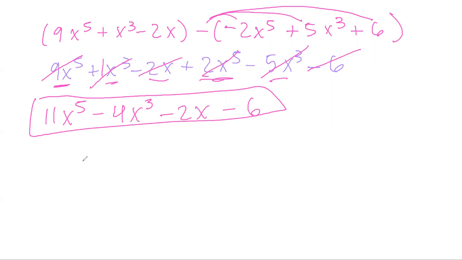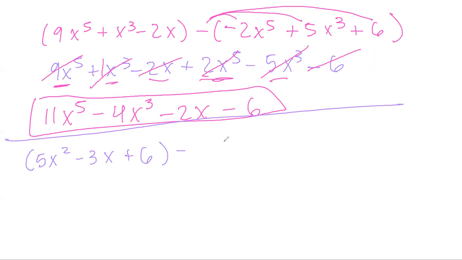Okay, and I think I just have 2 more, and I'll move on from there. Okay, so I have 5x squared minus 3x plus 6 minus 9x squared minus 5x minus 3.